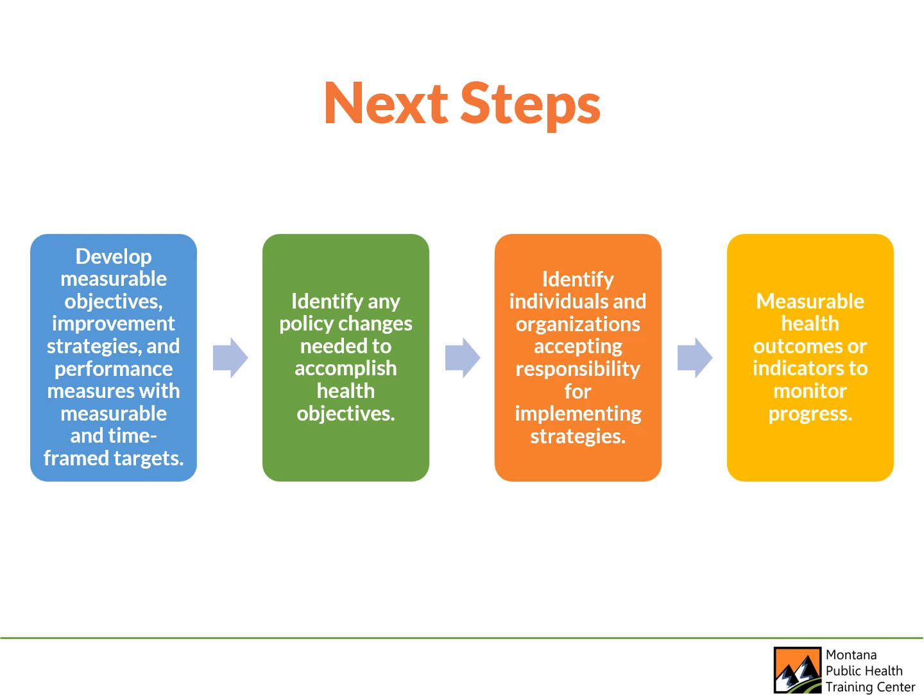So for instance, I'm going to use the smoking example. Maybe we really do want to address tobacco use and vaping use among our population. So we can say that we want to decrease smoking rates among residents of County X by 5% in the next 3 years, something like that.